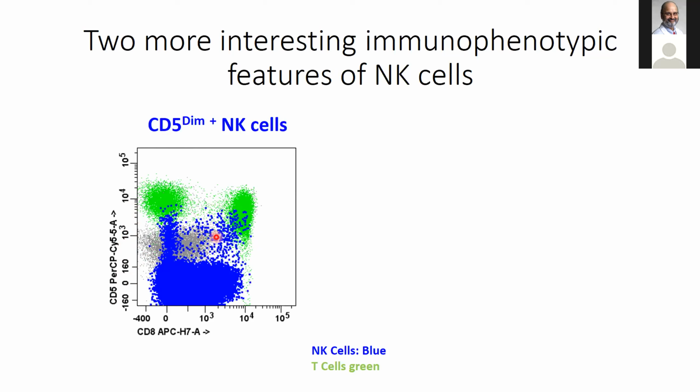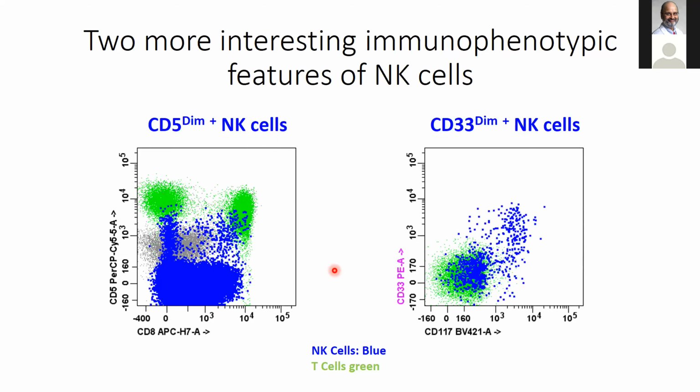And these can be quite expanded to where they're easy to see. Usually you only see a few cells picking up CD5 that are NK cells, but these can get expanded. It's not all that uncommon to see very distinct little subsets of CD5 dim positive NK cells. So it's just important that you're aware that those do exist, and not to overcall those as some type of aberrant population.